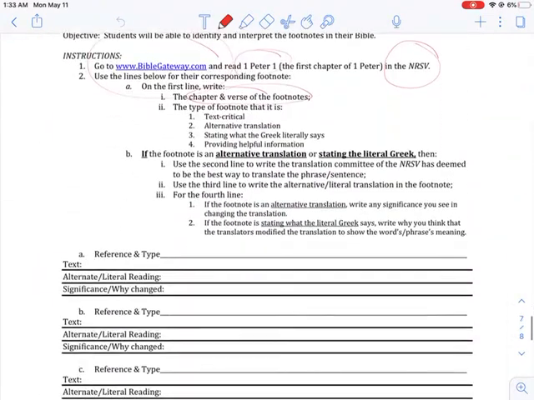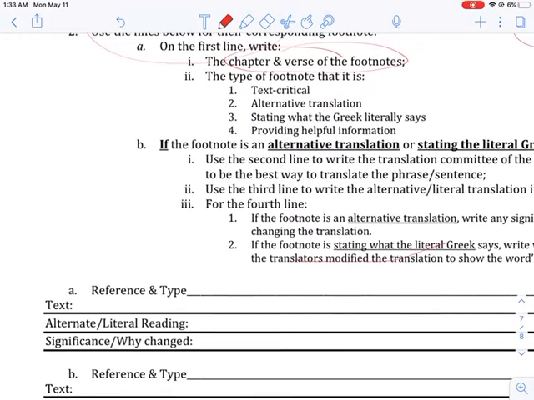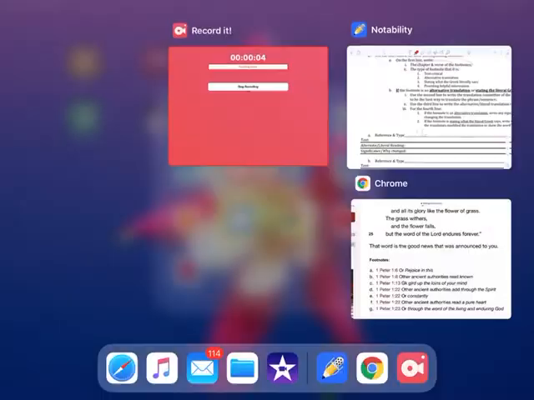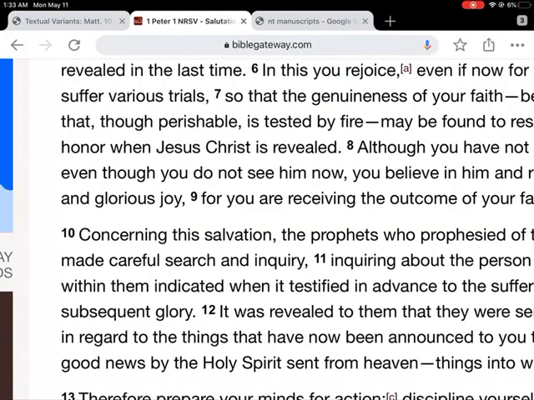And again, here is what your assignment looks like. The first thing you've got to do is write down the reference. So you'd write 1:6. And then you write the text as it appears in the Bible. So if you click on that, it brings you right to it.